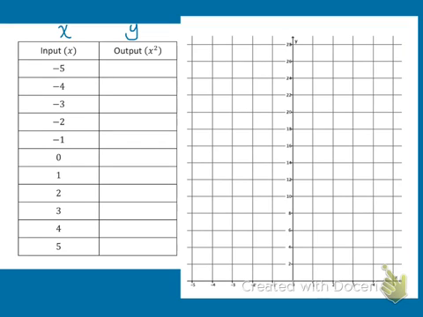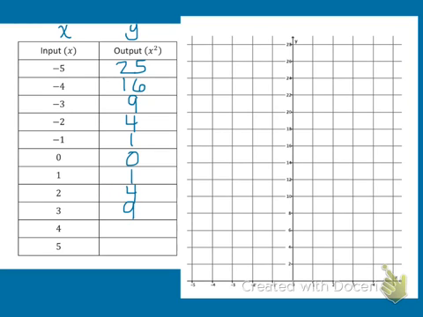So if my input's -5, my output, which is x squared, would be 25. Okay, and so on. -4 times -4 is 16. 3 squared is 9. 2 squared is 4. 1, 0. And then we get some repeats here.